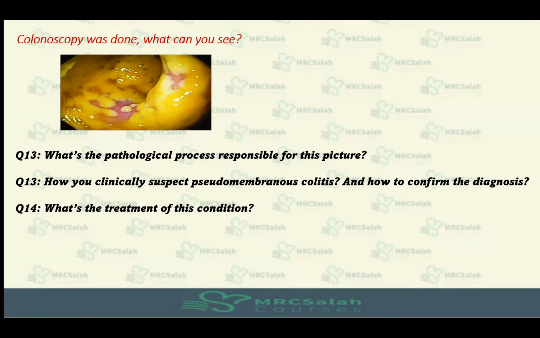If it is fulminant or severe, I will use vancomycin with IV metronidazole. And do you use vancomycin oral or IV? No, in acute cases I use oral, not IV.